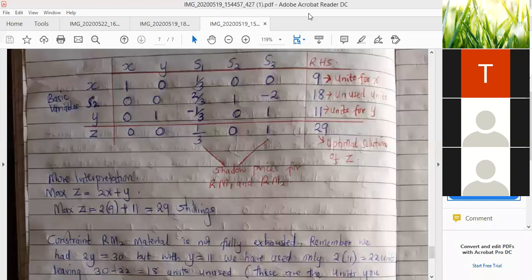And then once we have done one more illustration, I'm working on an example on minimization, which I'll share maybe on Wednesday, so that I take you through that. And then after that, I hope we can go through a few illustrations on the transportation and assignment. But at least we finalize on this topic of LP.